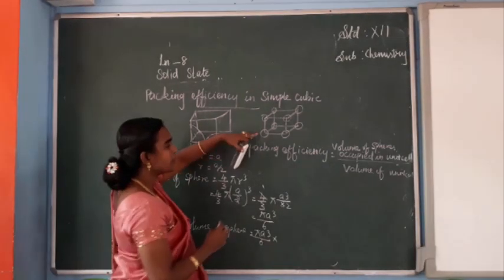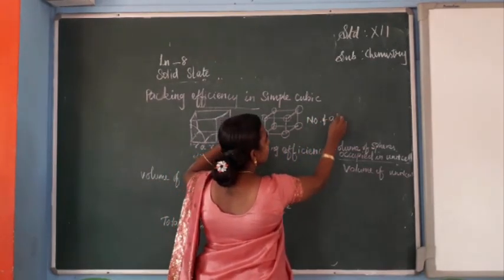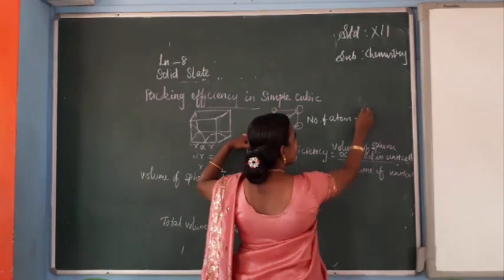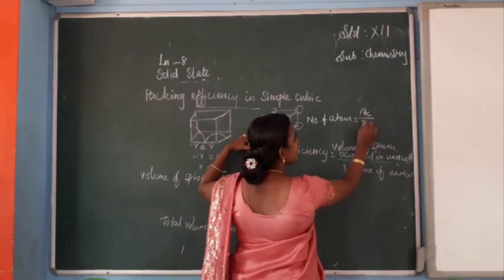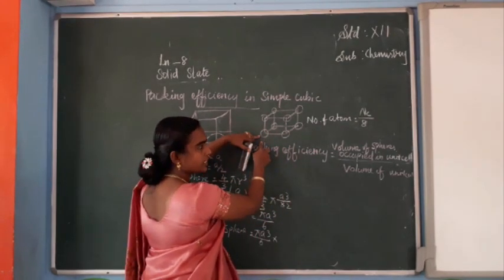If it is a simple cubic unit cell, how can we calculate the number of atoms? The number of corners divided by sharing. Each atom can be shared with 8 other unit cells. Is it clear?